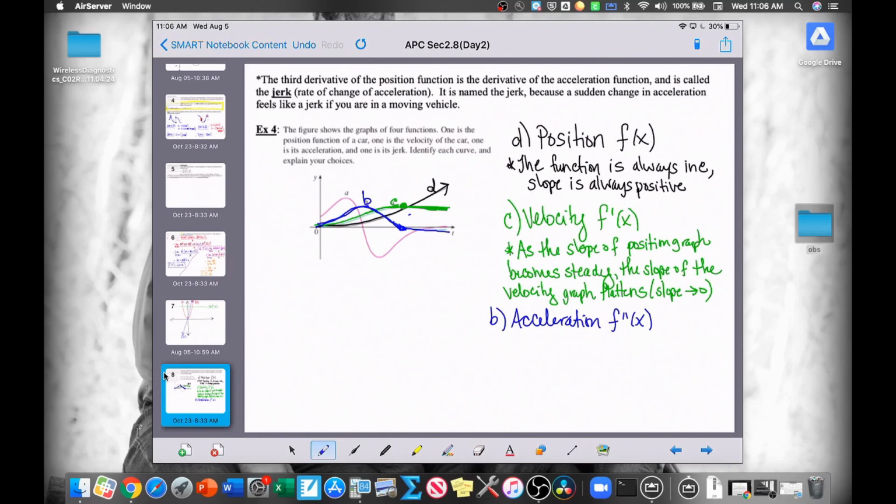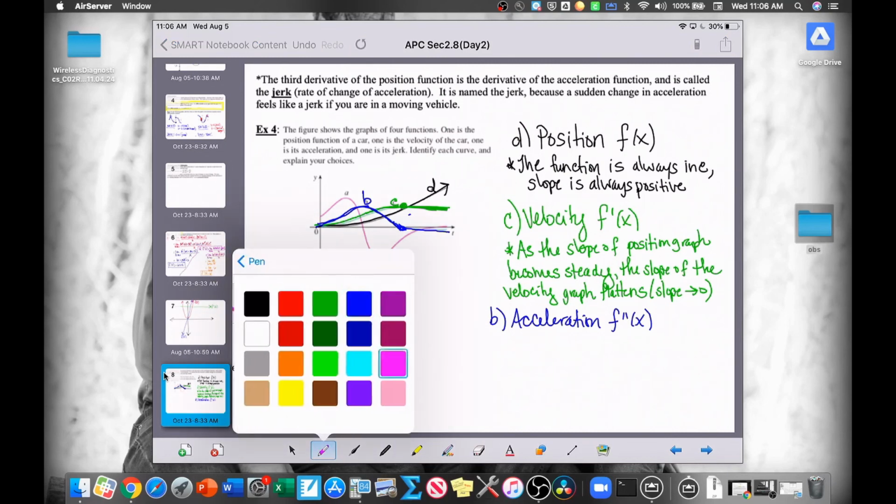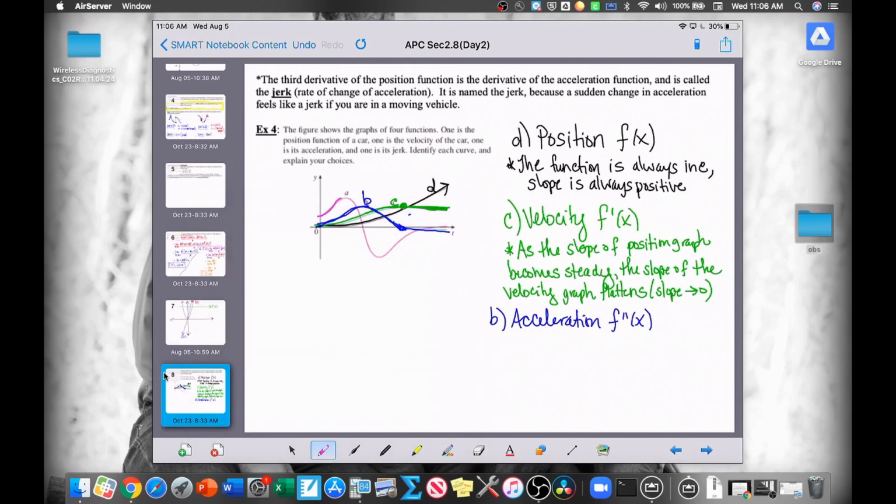Now, obviously, by default, that tells us that our function A here, the last function standing, which is the pink one, letter A has to be our jerk function, which is our third derivative, f prime prime prime of x. And I just want you again to compare graph A to graph B, where graph B is increasing.